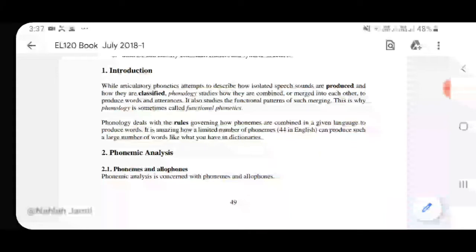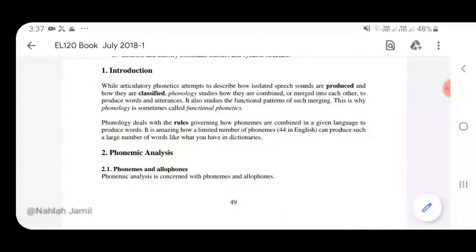K is an isolated speech sound, A is an isolated speech sound. In phonetics, we study each one of them separately, how they are produced, how we pronounce them, and how they are classified into consonants and vowels.